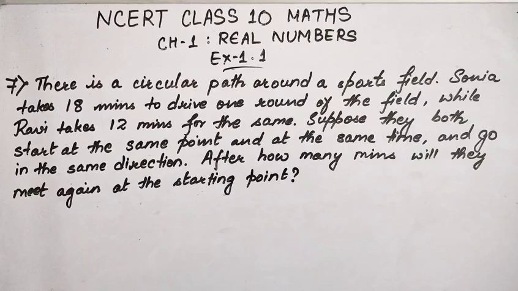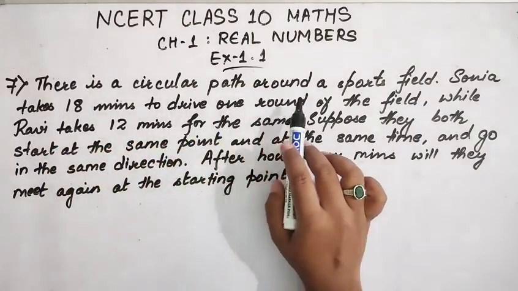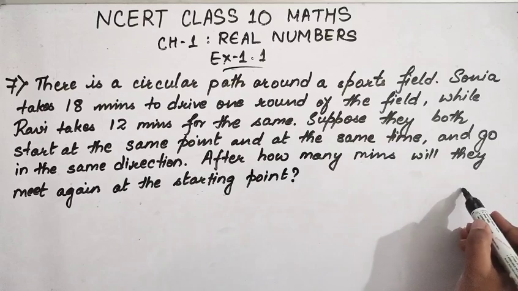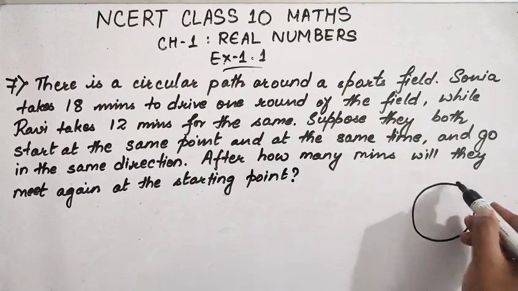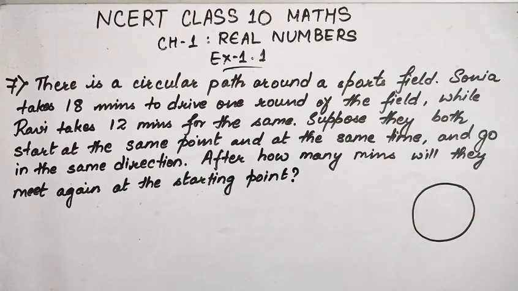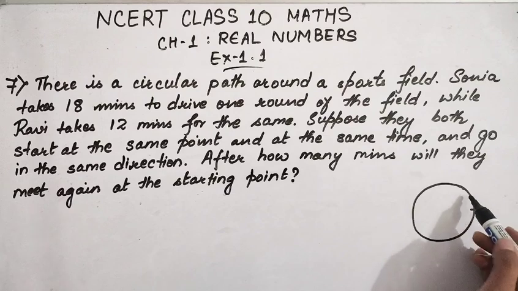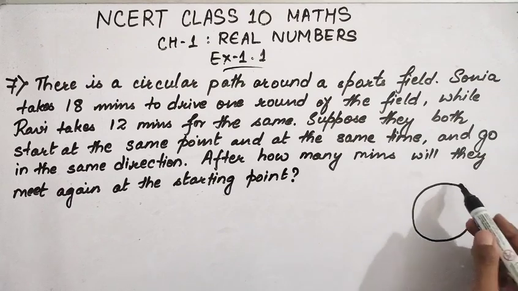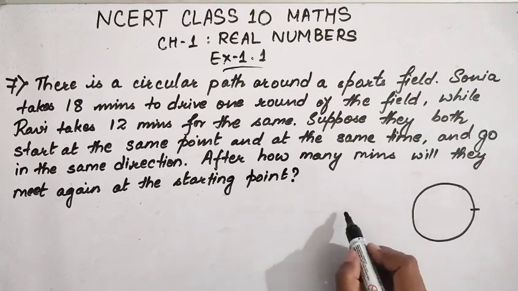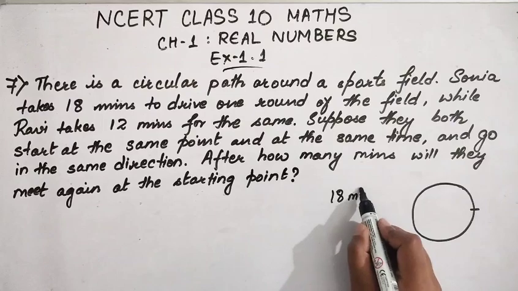So let's start. First, let us understand what the question says. It says there is a circular path around a sports field. First of all, let us make a circular path. Okay. Sonia takes 18 minutes to drive one round of the field. For example, let's say Sonia starts over here. For her to complete one round of the field, it takes 18 minutes.